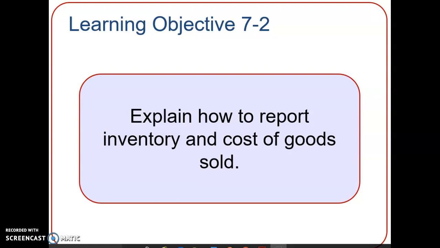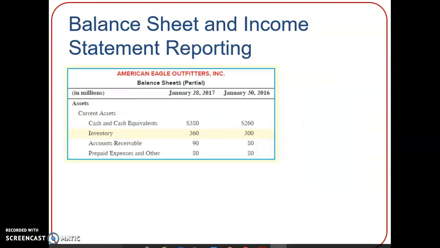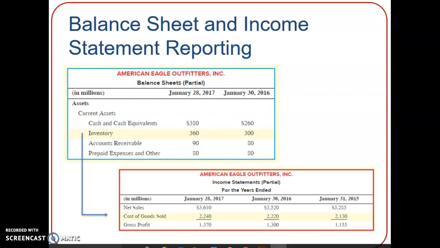All right, our next learning objective is about how to report inventory and CGS, cost of goods sold. So here we have an excerpt of the balance sheet of American Eagle Outfitters. We look at their current assets.